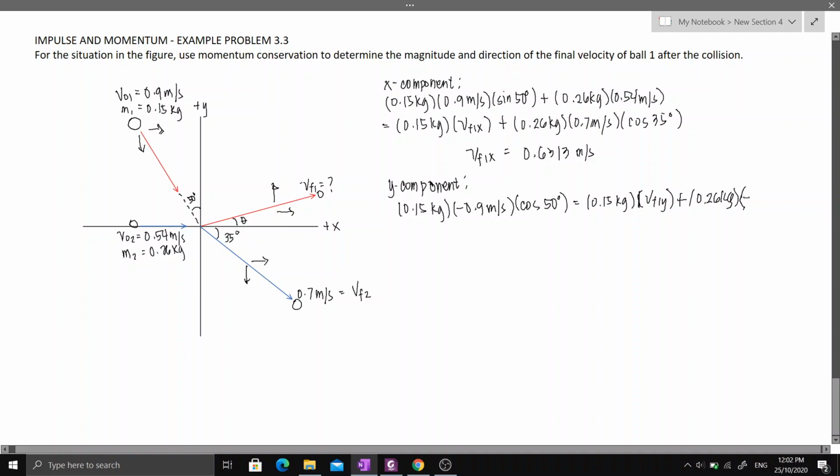So this is negative 0.7 meters per second times sine 35 degrees. So v sub f1y is equal to 0.1174 meters per second.